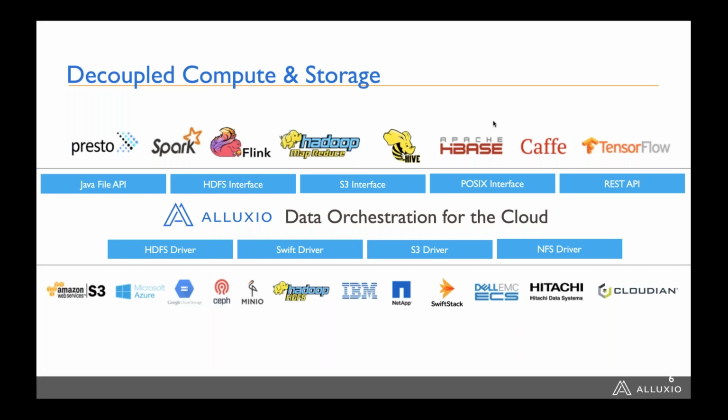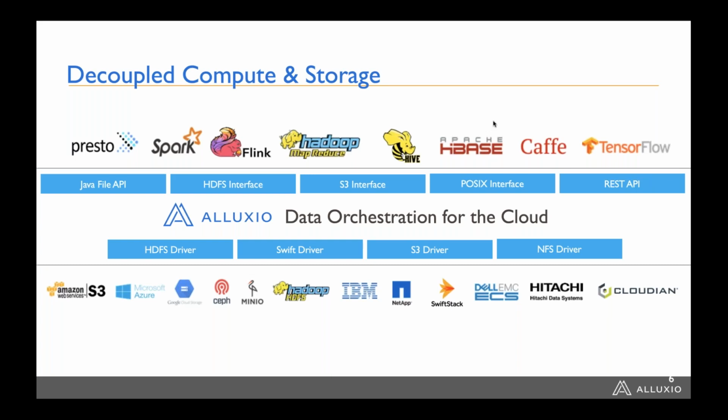If you think of the analytics or AI stack, Alluxio is adding a new layer to this stack. It's not a new computation framework, nor a new storage engine or storage service. Instead, Alluxio provides a data abstraction in between the computation layer and the storage layer.